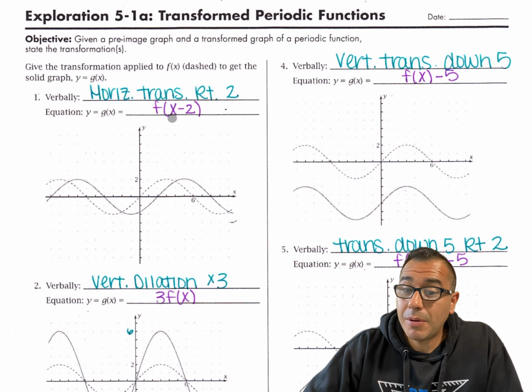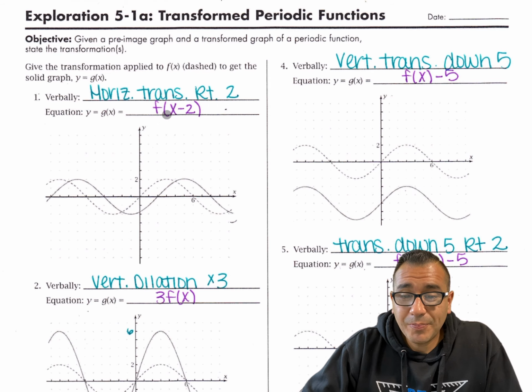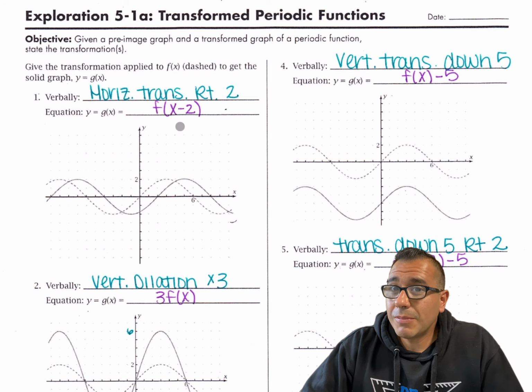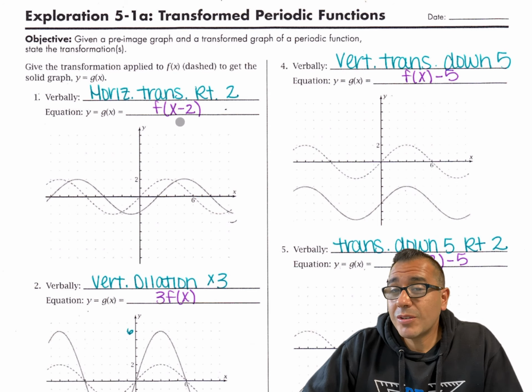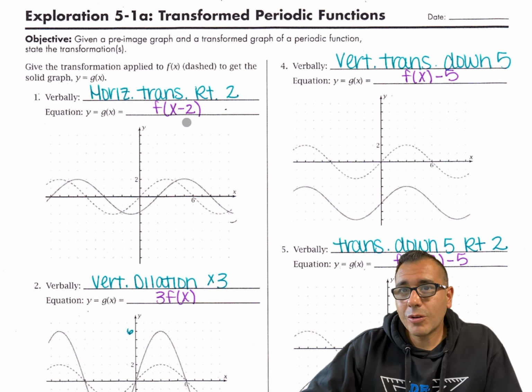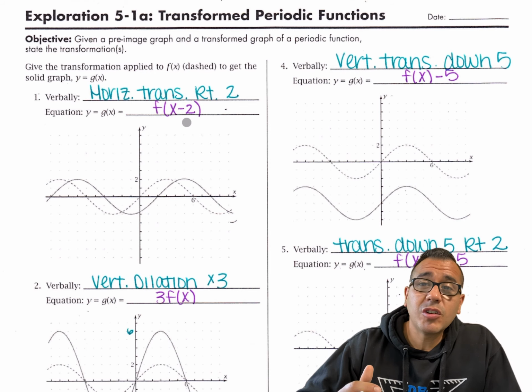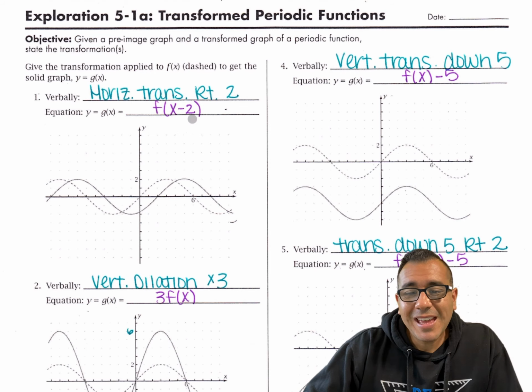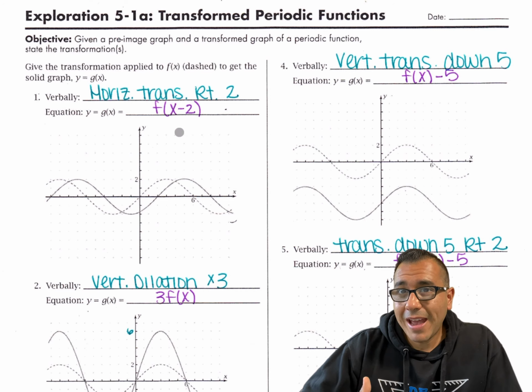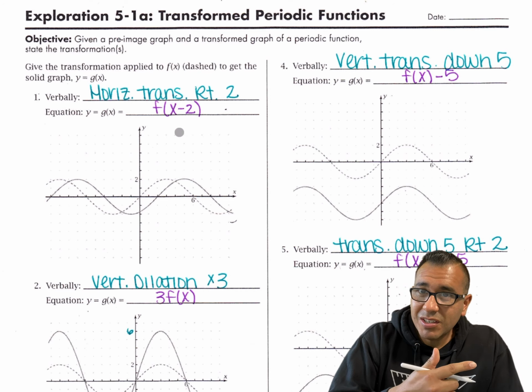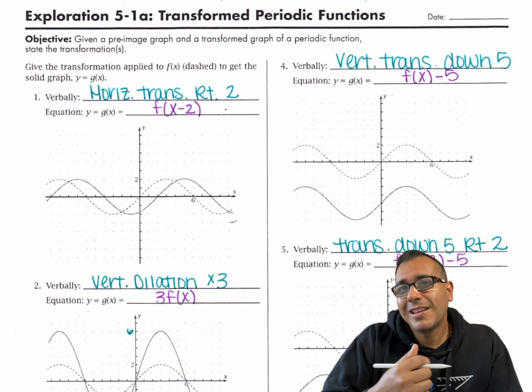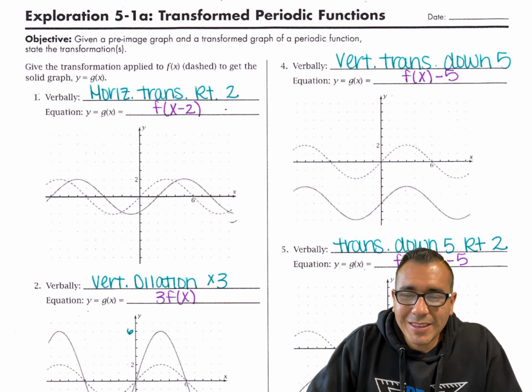You would plug in a positive 2 to get back to your starting point. So for your notes, make sure you put f(x - 2). It's counterintuitive, but it means you shift your graph 2 units to the right. And of course, if you shifted your graph 2 units to the left, then it would be f(x + 2). So when you add a number, it gets shifted to the left. When you subtract a number, it gets shifted to the right. Make sure you got that down.